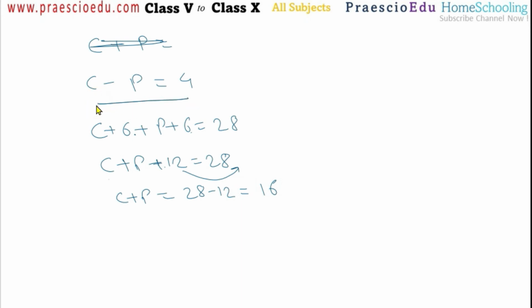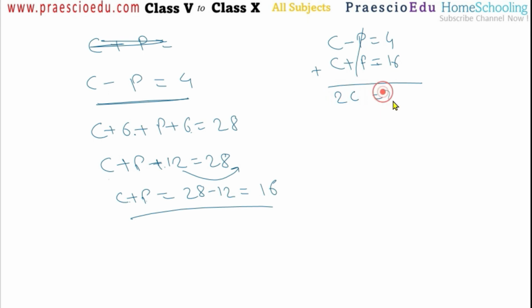So we know these two equations: C minus P is equal to 4 and C plus P is equal to 16. We got these two equations, so now we will add them. After the addition, P gets cancelled because one is a minus and the other is a plus. So 2C is equal to 20, means C is equal to 10.